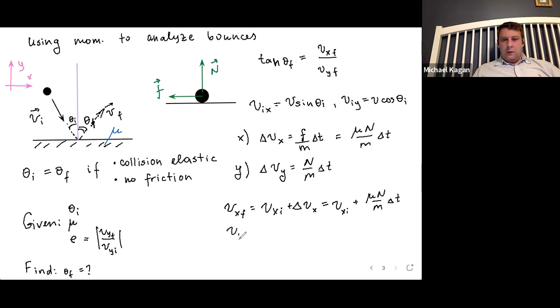And the same for y: Vy final equals Vy initial plus N over m delta t.